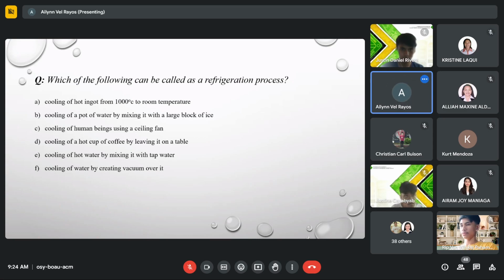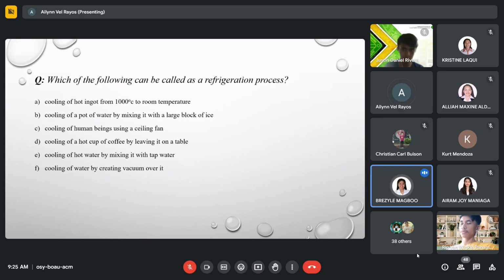Since it is the same as our example, this is a spontaneous cooling process. Next, Bridgel. Cooling of hot water by mixing it with tap water. Not a refrigeration process, ma'am. Defend.